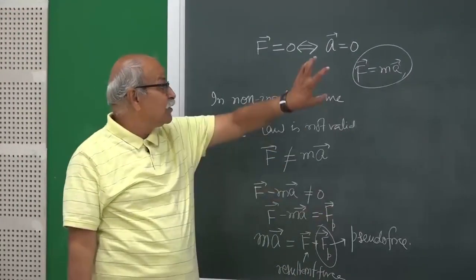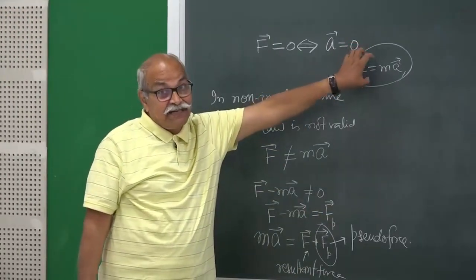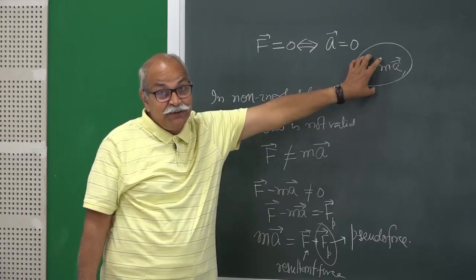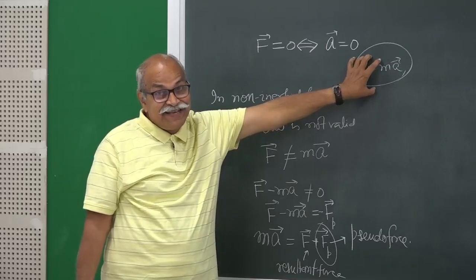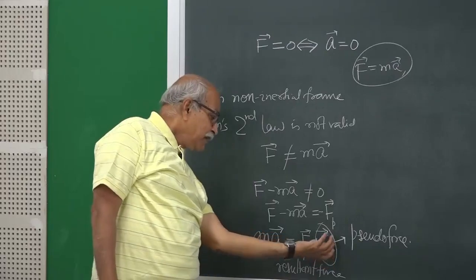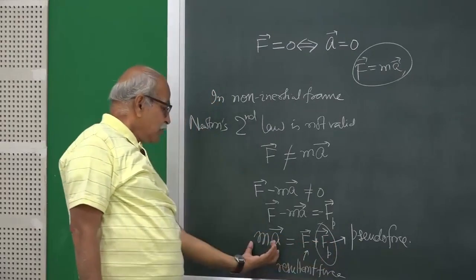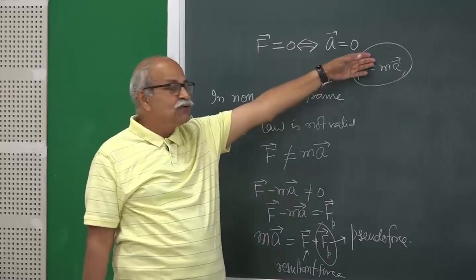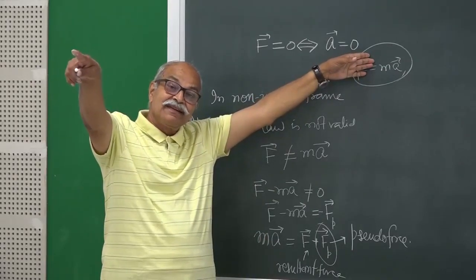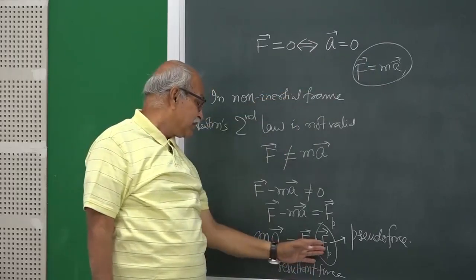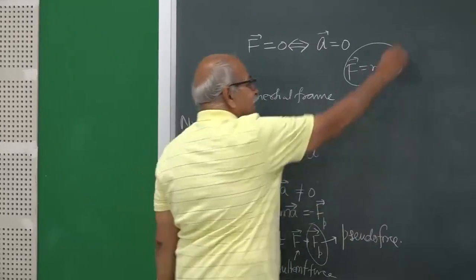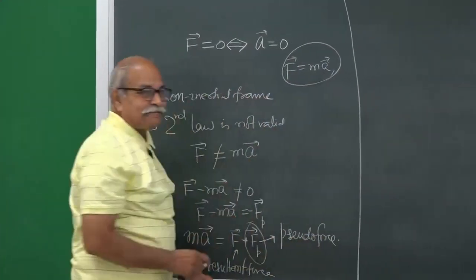We have learned all those techniques that are governed by this equation, and we do not want to lose that advantage. So, we bring in from our side some extra terms, make the right hand side equal to mass times acceleration, and then use all these techniques of inertial frames of reference, and we can get the motion of the particle in that non-inertial frame. So, this is how the pseudo forces are operating.